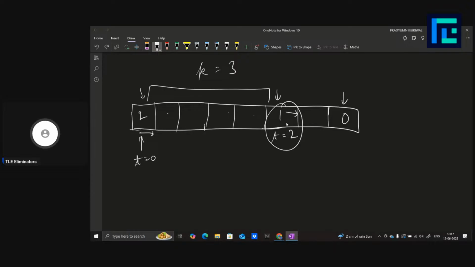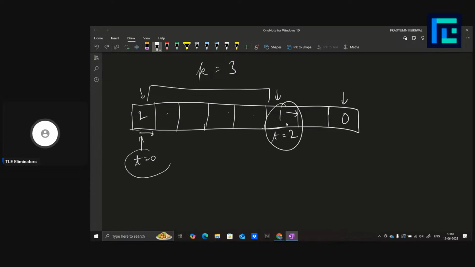What I can do is write this position's answer in terms of this position. If I want to find out whether I can escape from here, I can find the next light bulb that I will reach from here.